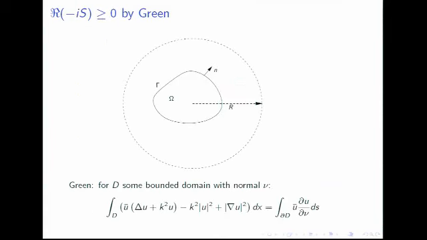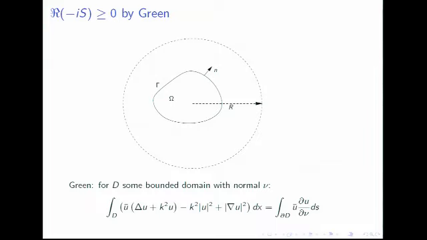So here's my domain omega with boundary gamma and a normal n. And I'm going to introduce a large circle of radius r because I want to be careful about infinity. Green's identity tells me that if I have some function on some domain D, then this identity here holds.